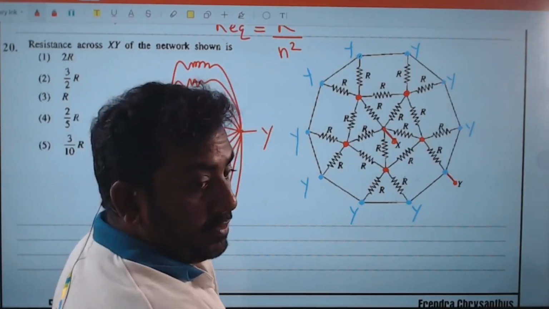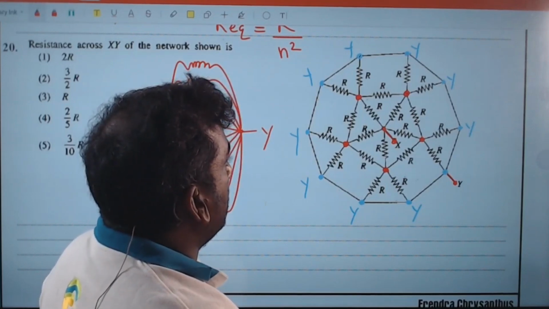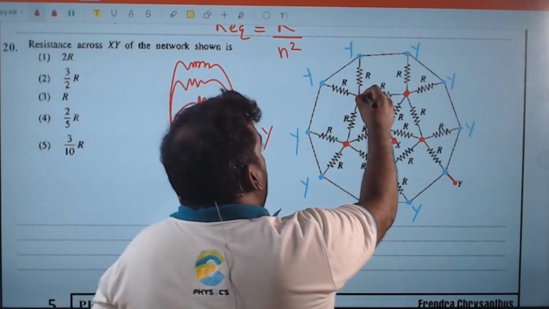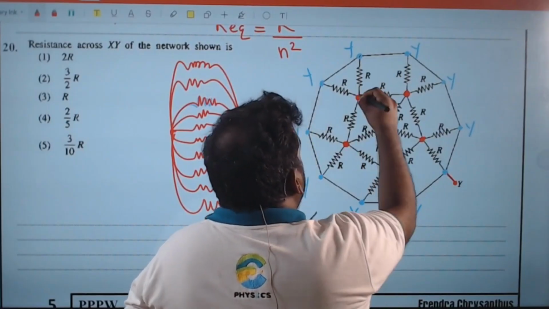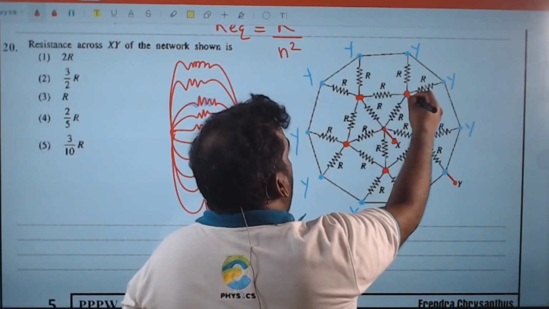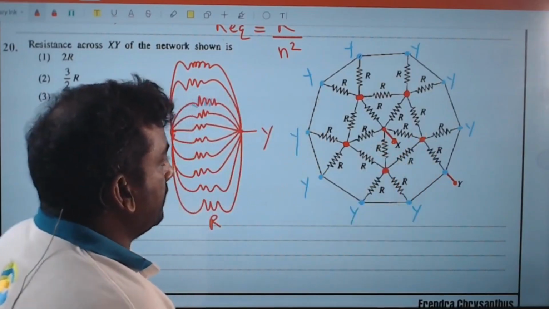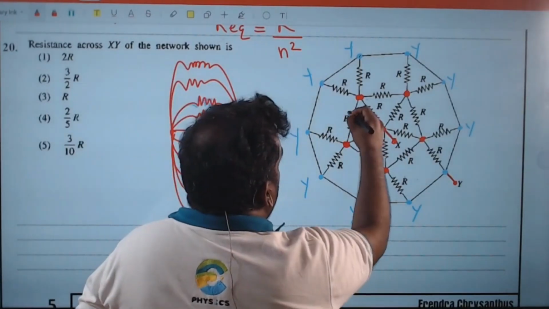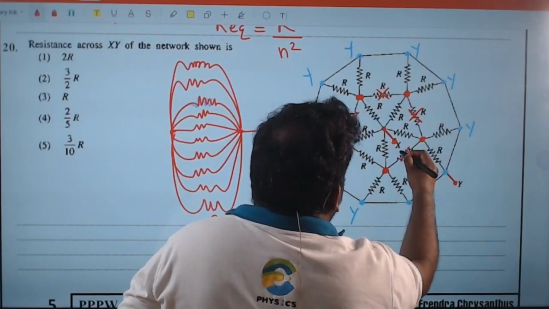Can you see this carefully? Every single location here potentials are same. Same potential means there won't be current passing through. All these resistors you can remove. Here, same potential, this resistor can be removed.